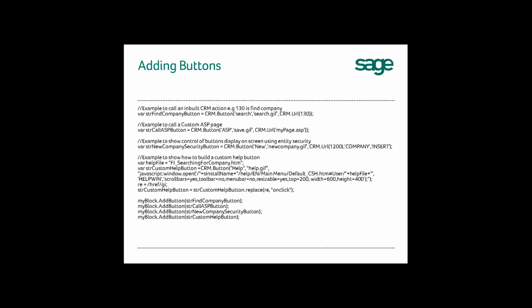But if we wanted to say, well, what about security rights? Well, you can also see that we can link the behavior of this particular button to the existing security rights of the users and the system entity. So we could reasonably say, well, you can only update these contacts in the external system if you have the rights to the company inside CRM to be able to insert new companies.